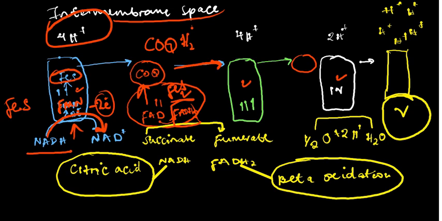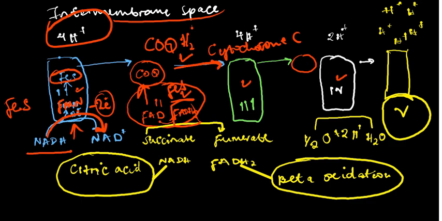So the electrons are passed on along the chain from coenzyme Q to cytochrome C. The rest of the electron chain carriers are cytochromes. Here we have cytochrome C being the one that's transporting to complex 4.